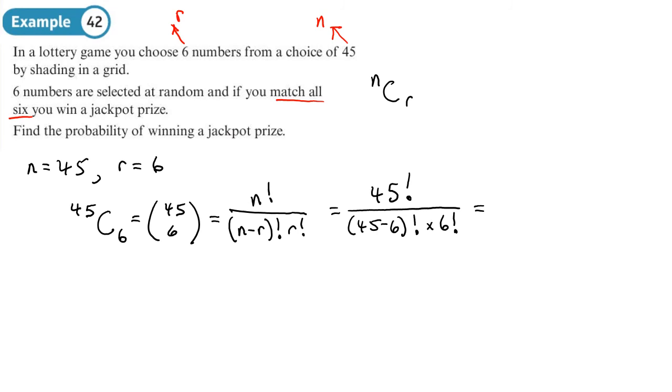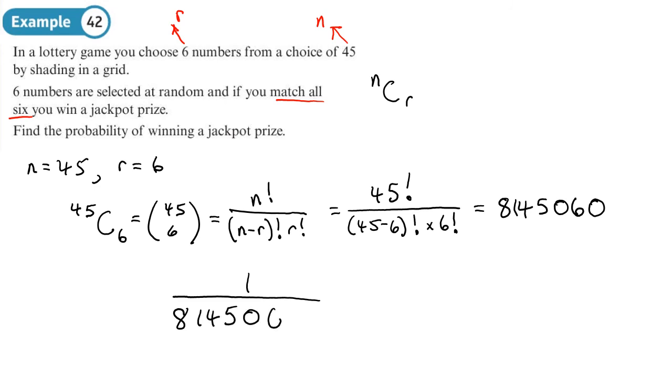So that gives 145,145,060, but we need to give the probability of winning. So the probability is going to be 1 over that number. There we go.